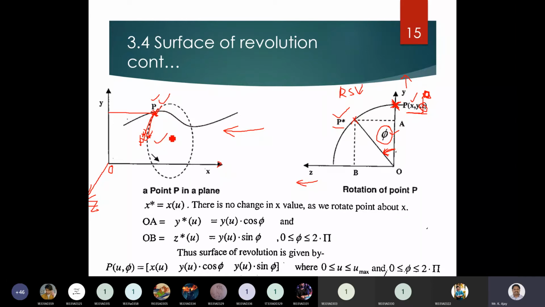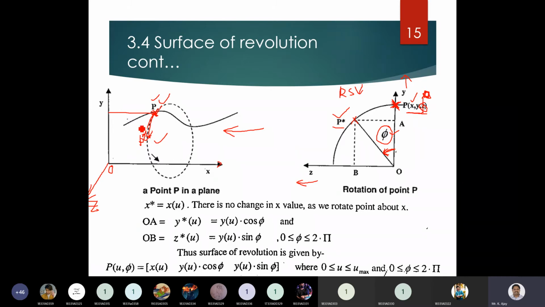There will not be any change. The x coordinate will not be affected at all. Whatever is the x coordinate of this point, the same x coordinate will be there for P star. Even though you are rotating by any angle, the x coordinate will not vary. Why? Because you are simply rotating about the x axis only. So when you are rotating about the x axis, x coordinates will not change.